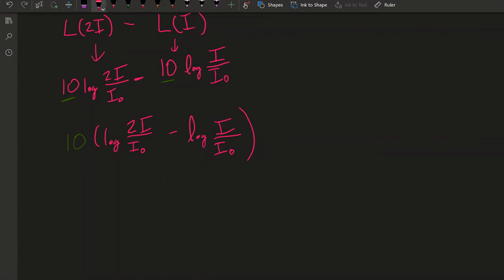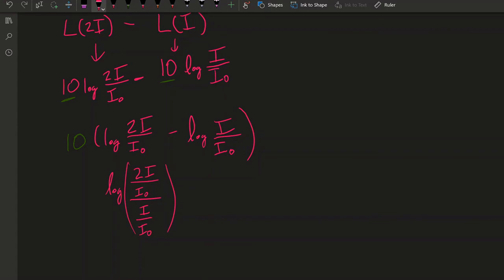They're both common logs, so that means that I can simplify this using the quotient rule. I'm going to go ahead and push them together. That means that this would be log, and I've got this one first, 2I over I naught divided by I over I naught. Like that, one big fraction.